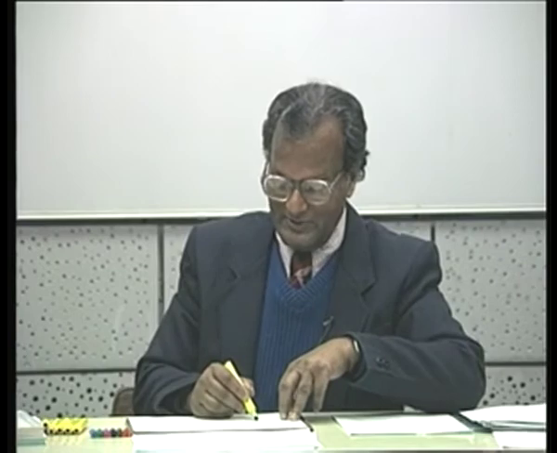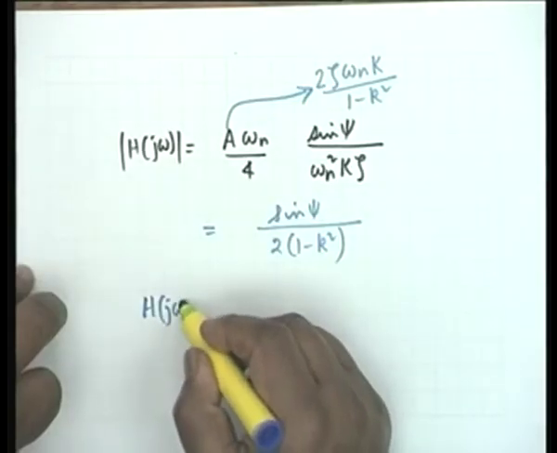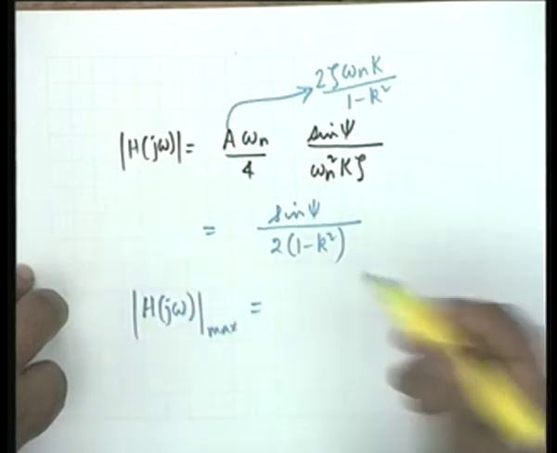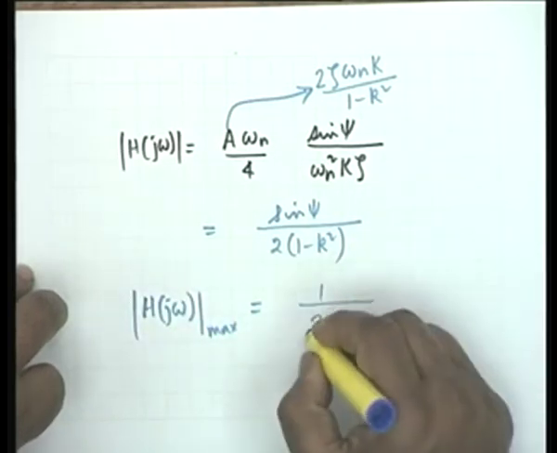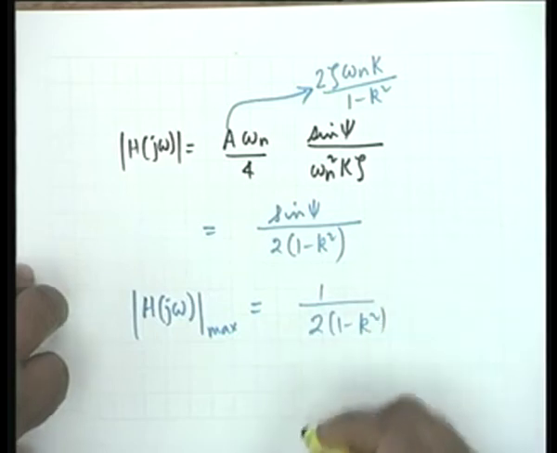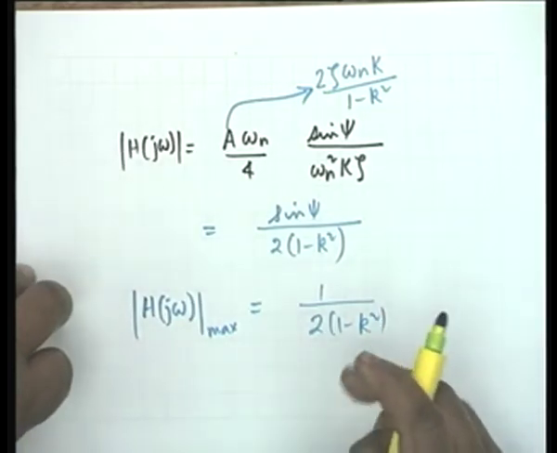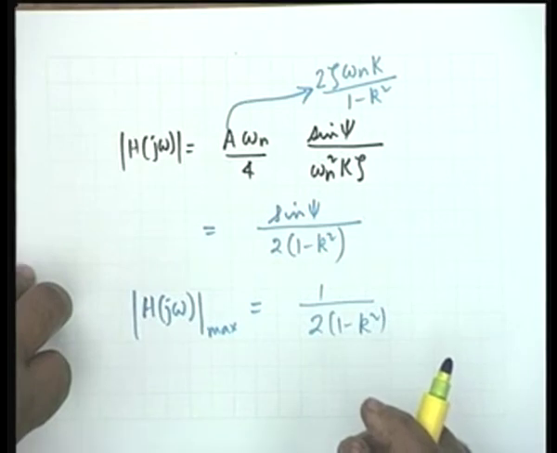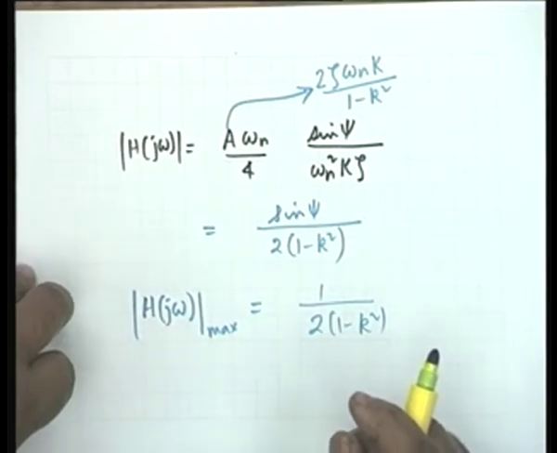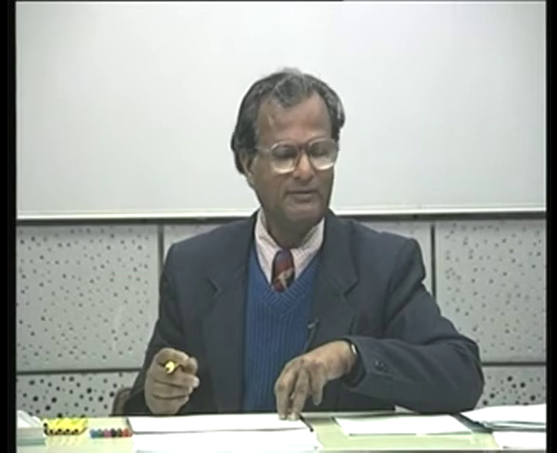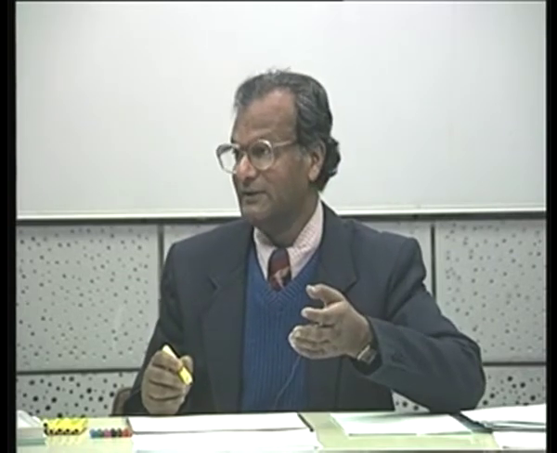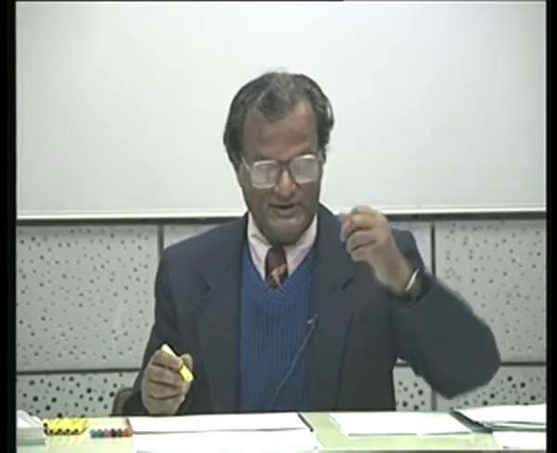And of course, the maximum h of j omega max occurs when psi is pi by 2. So, this is 2 1 minus k squared, and the half power points shall occur when psi is pi by 4. Psi is pi by 4, and you can draw the half power points in exactly the same manner, half power circle in exactly the same manner as we did earlier.